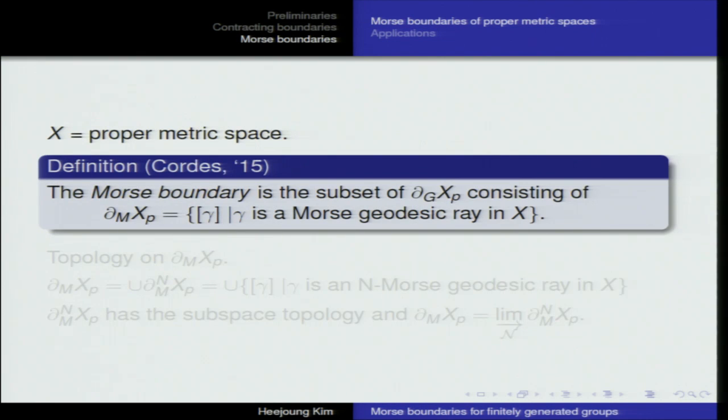Now, more generally, let X be a proper metric space. No condition now. Cordes defined the Morse boundary. The Morse boundary is a subset of the Gromov boundary again, but now I consider Morse geodesics, which means just considering geodesics satisfying this condition.